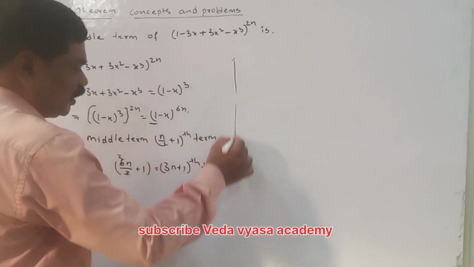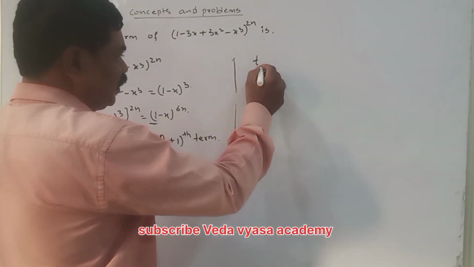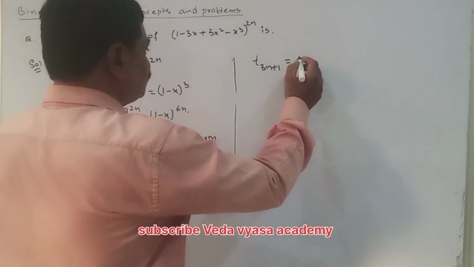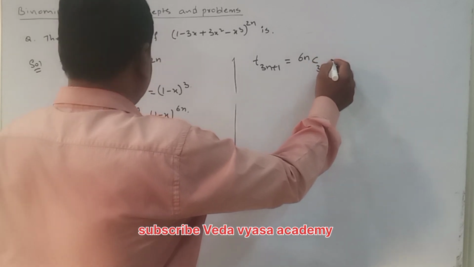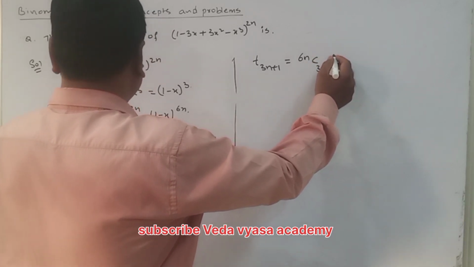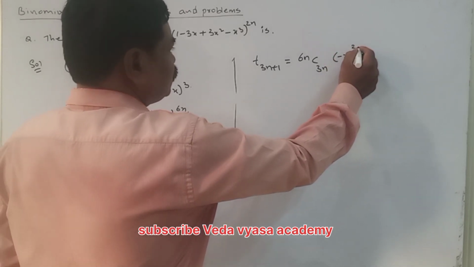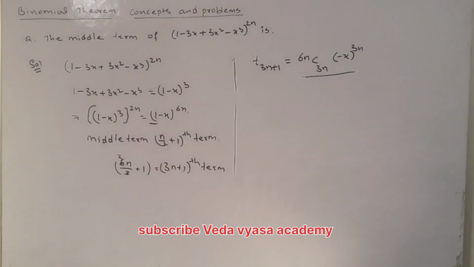So in this expansion, the middle term is T(3n+1) equal to 6nC3n times (-x)^3n. (-x)^3n is the middle term of the given expansion.